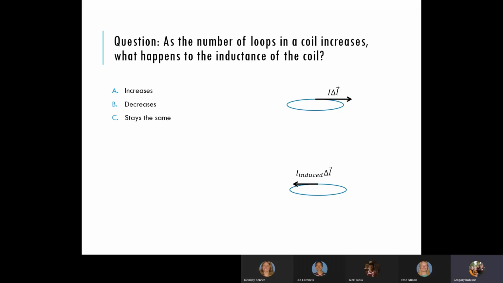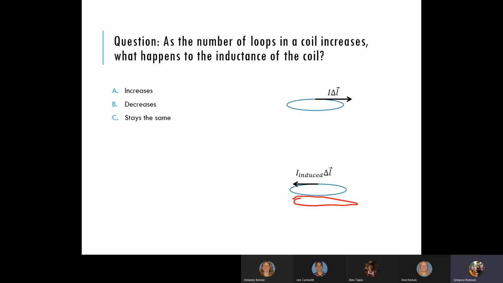Increases, right? And right now I've got 1. One loop experiences this changing flux. Well, what happens if I put 2 loops in? I put a second loop down here. Well, now you're going to have the induced current on the top one, and you're going to get a second induced current, right? The more loops I put in, the more induced currents are going to add together, and then the more this whole system is going to oppose the changing flux.